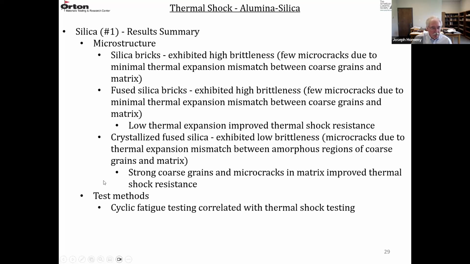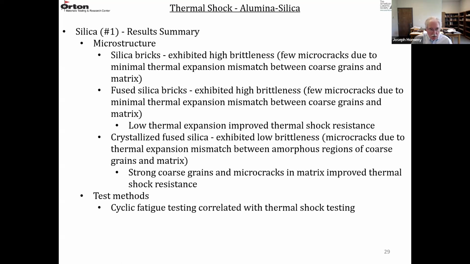And they concluded that this cyclic fatigue testing correlated pretty well with the thermal shock testing. So what they're saying is the cyclic fatigue testing is an alternate method of measuring thermal shock resistance, as opposed to thermally shocking a sample with heating and cooling cycles.